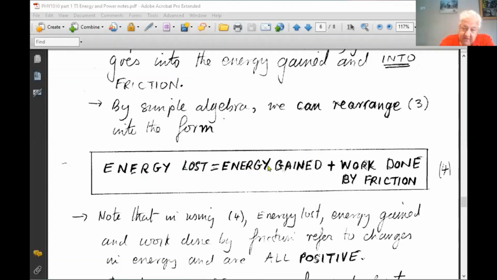Similarly, if you've gained kinetic energy, a half m vf squared minus a half m vi squared, you put the bigger kinetic energy first in the calculation. Alternatively, if you want, you put magnitude signs. Either way, you must arrange that the energy loss is given a plus sign, energy gained is given a plus sign, work done by friction is given a plus sign.